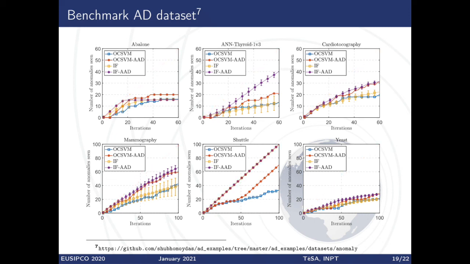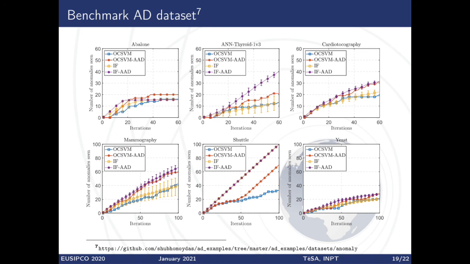And as you can see, for instance, this is the case for isolation forest here, but the main observation here is that in any case, the injection of feedback allows to increase the performance of the unsupervised anomaly detection algorithm.